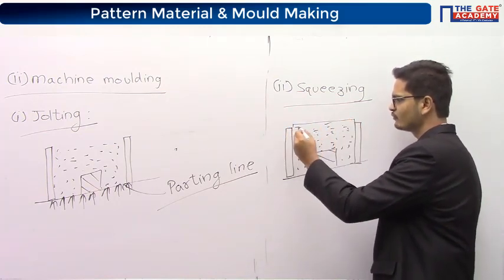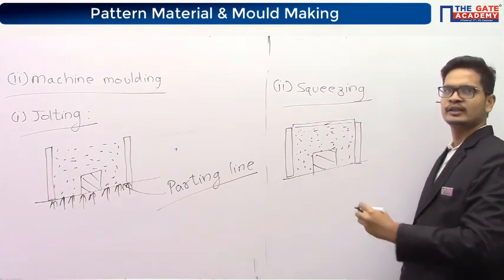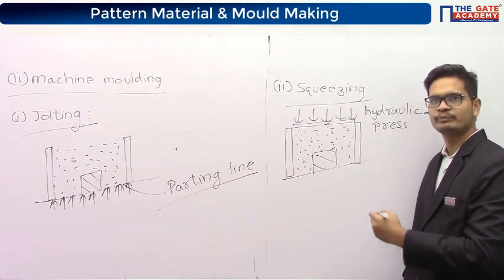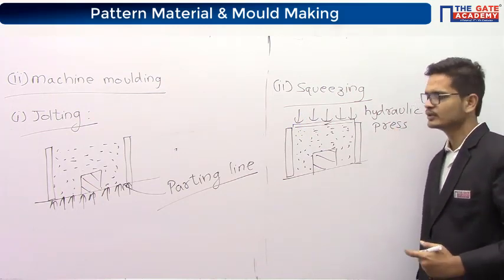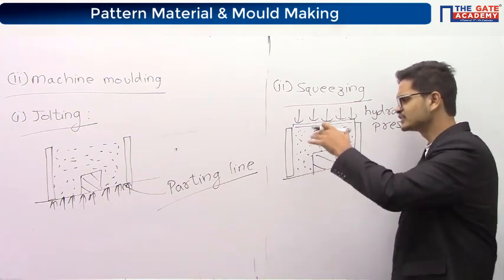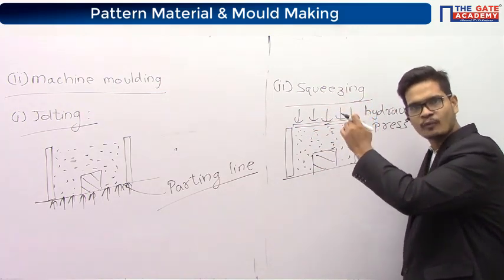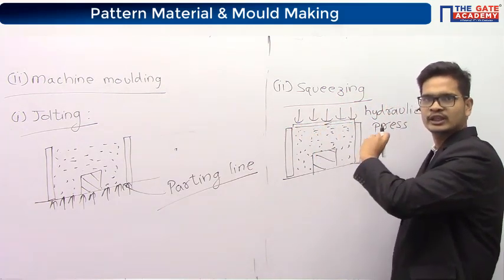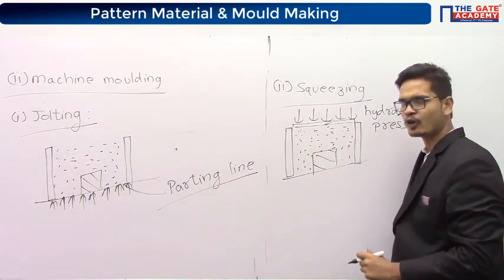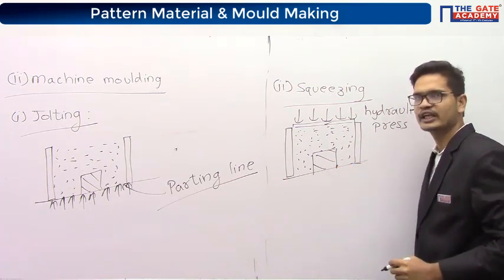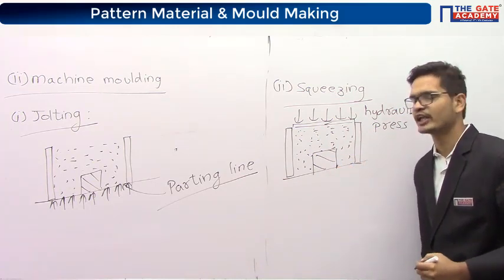This time we'll use some hydraulic press and we'll apply load from the top. This is called squeezing. And since this time we are applying the load from the top, we'll get higher density in the top portion and lesser density near the parting line. Okay.